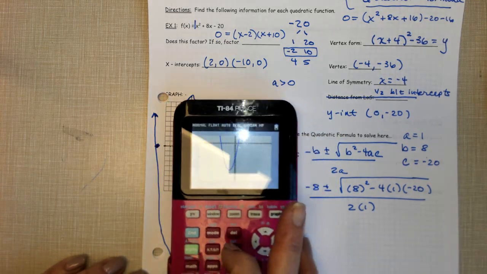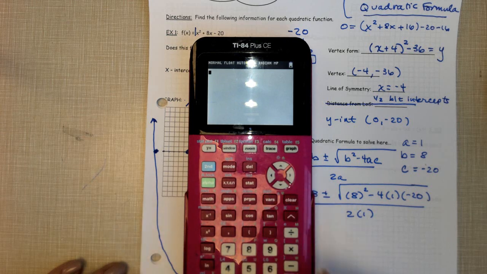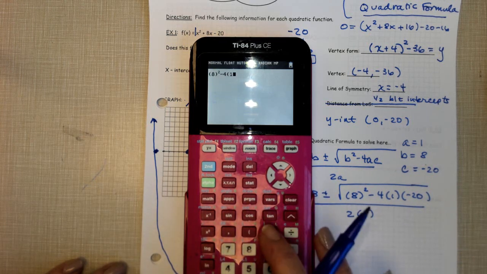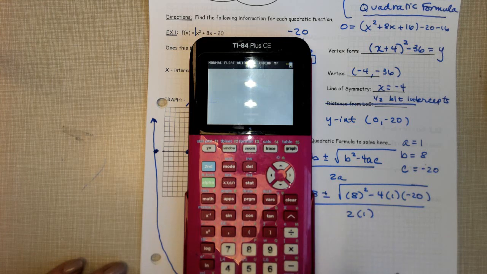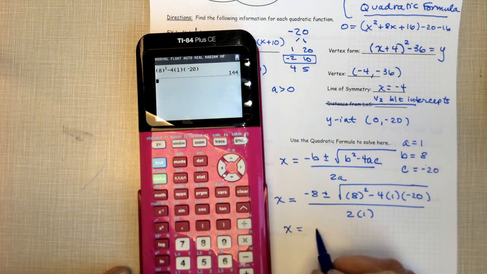Okay, so then on your calculator, go to the home screen by hitting second quit. And you can pop all this in at once. So I would do parentheses 8 squared minus 4, parentheses 1, parentheses negative 20. So that'll do the part underneath the radical accurately for you.